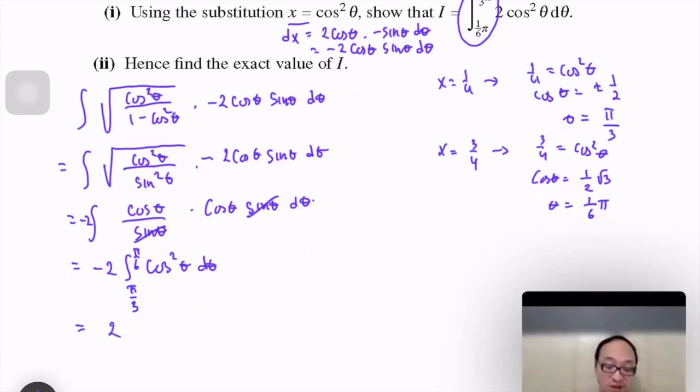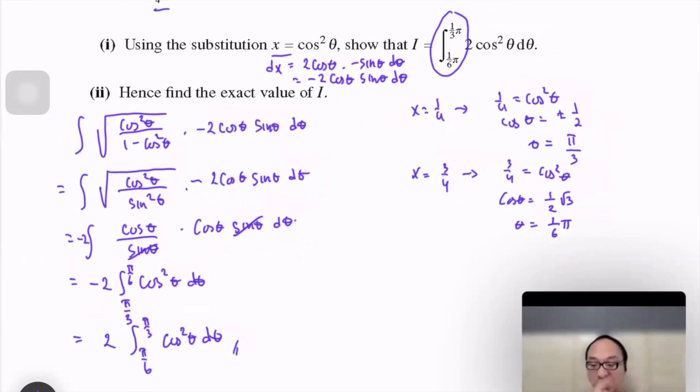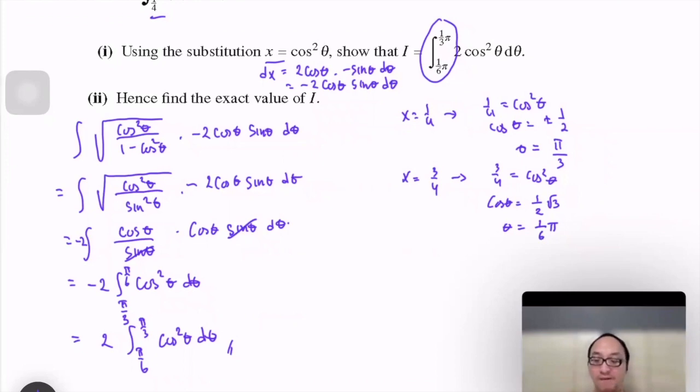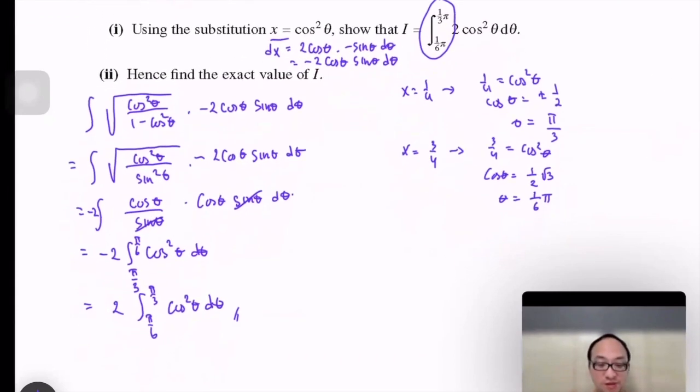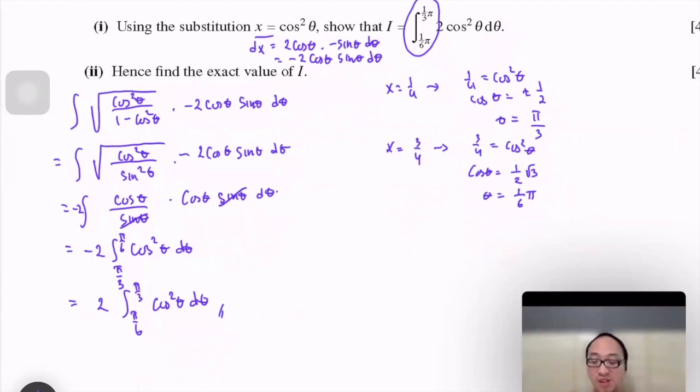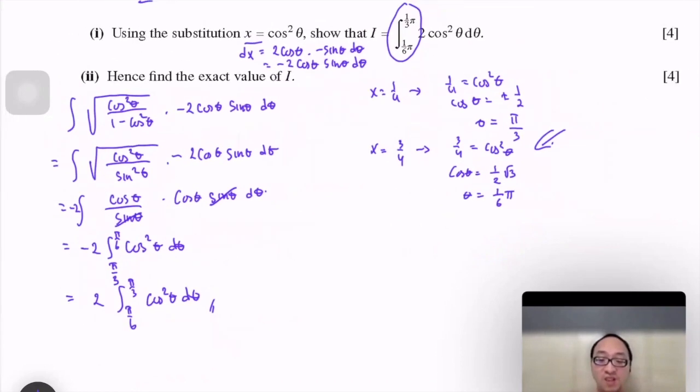So it becomes positive, pi over 6 to pi over 3, cos square theta d theta. Yeah, so this is the same. Always take the theta in here positive in the first quadrant. Hence find the exact value of I.